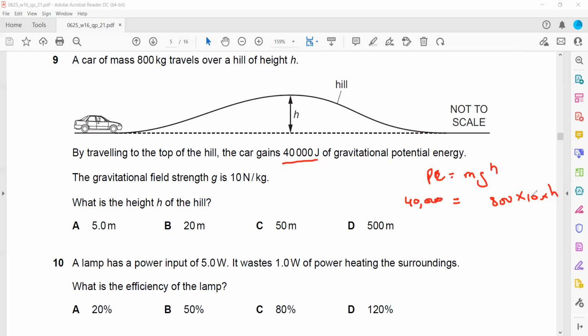So 800 times 10 is 8,000, and 40,000 will be divided by 8,000, which equals 5 meters. So A will be the right answer.